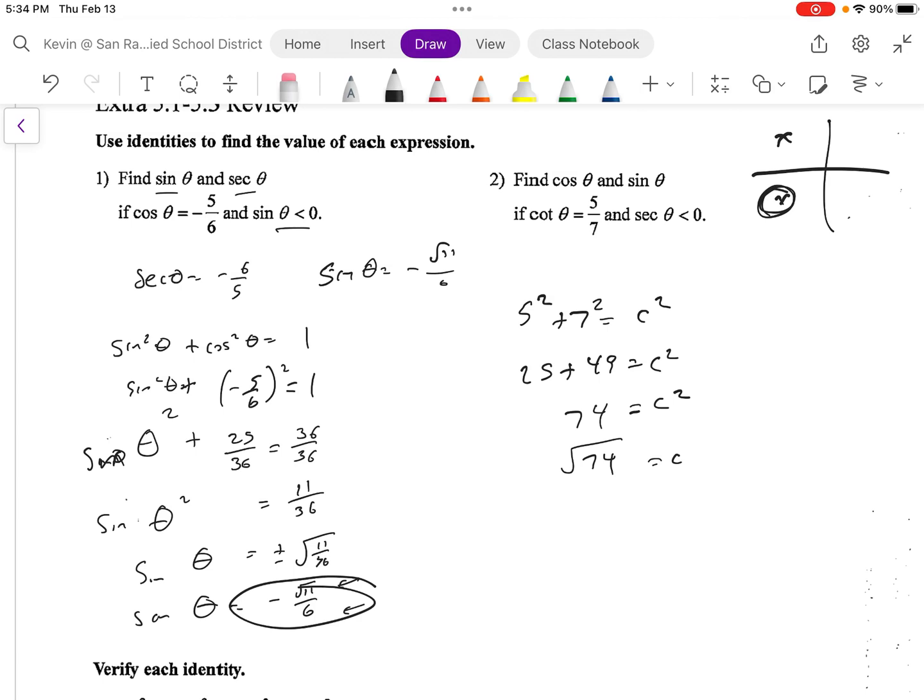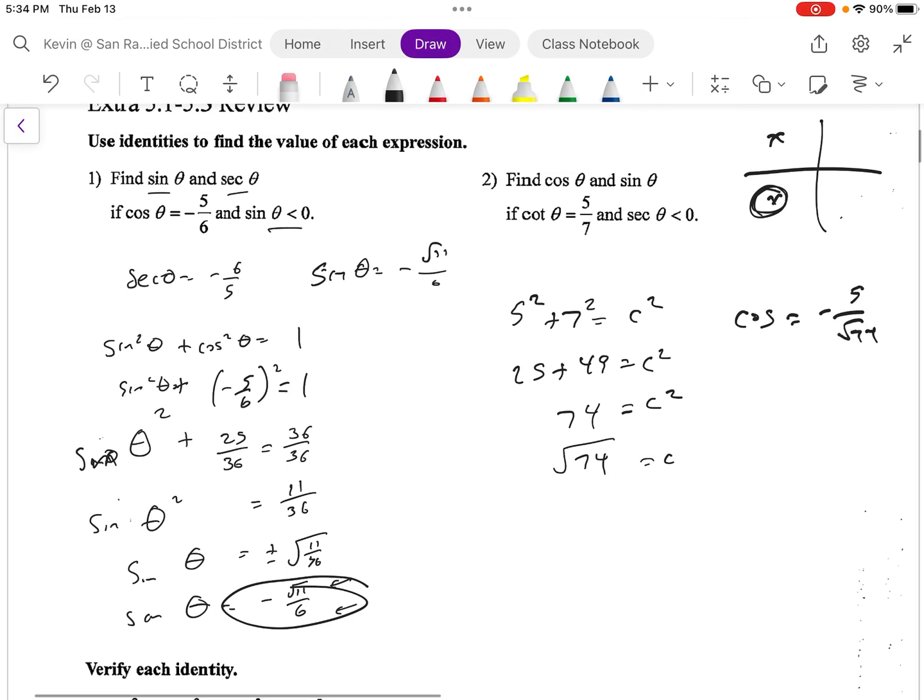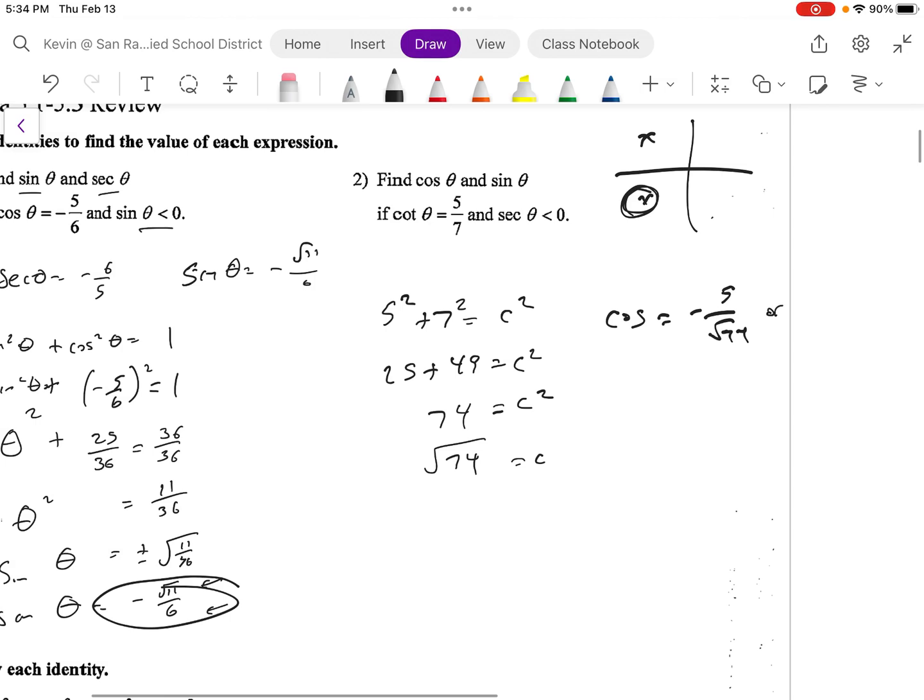So let's see, cosine would be negative 5 over square root of 74, or negative 5 root 74 over 74.